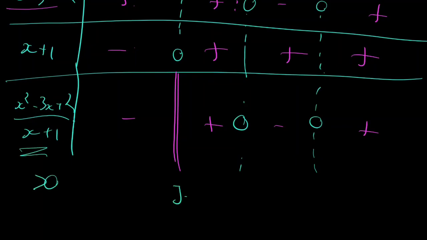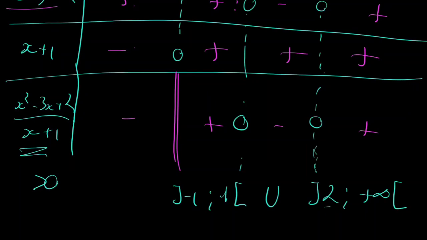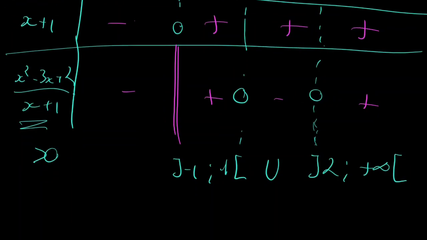And so we want this thing to be strictly greater than 0. And so between minus 1 and 1 excluded, because in 1 this is equal to 0, and in 2 plus the infinity, because we do not want it to be in 2, because in 2 this will be equal to 0, and we want it to be strictly positive.